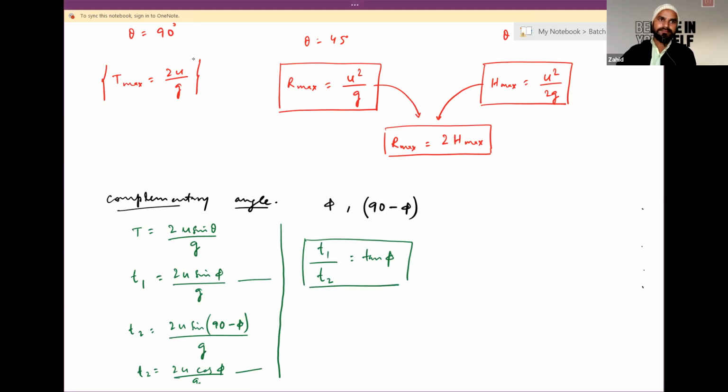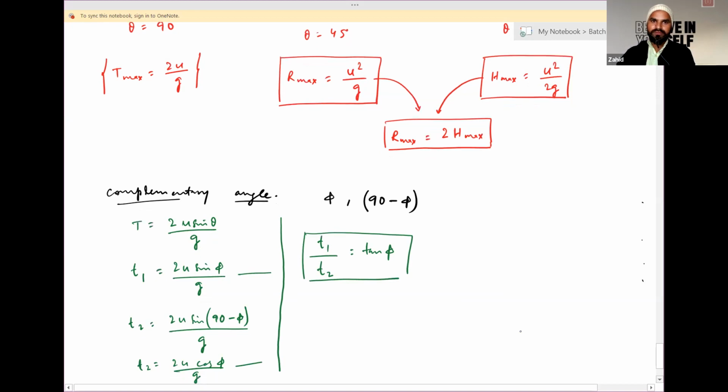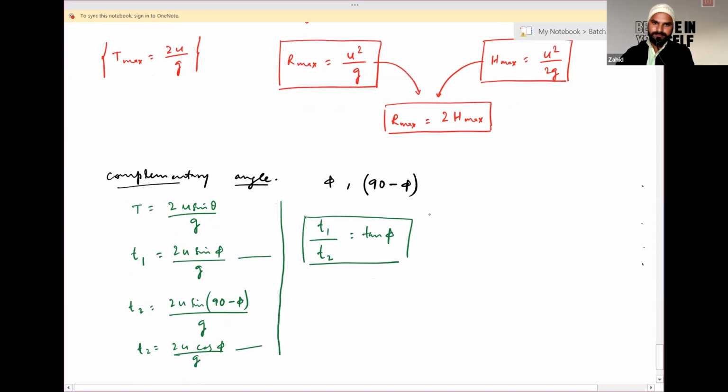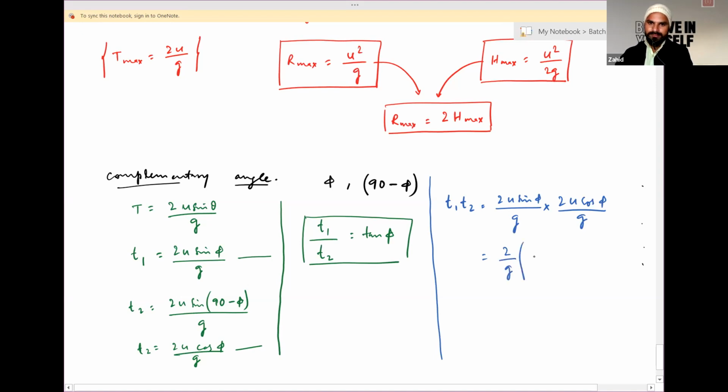Next, if you take the product of these two terms, T1 into T2, it will be 2 times u sine phi divided by gravity, times 2 times u cos phi divided by gravity. So you will get 2 divided by g taken outside, u square 2 sine phi cos phi divided by gravity.